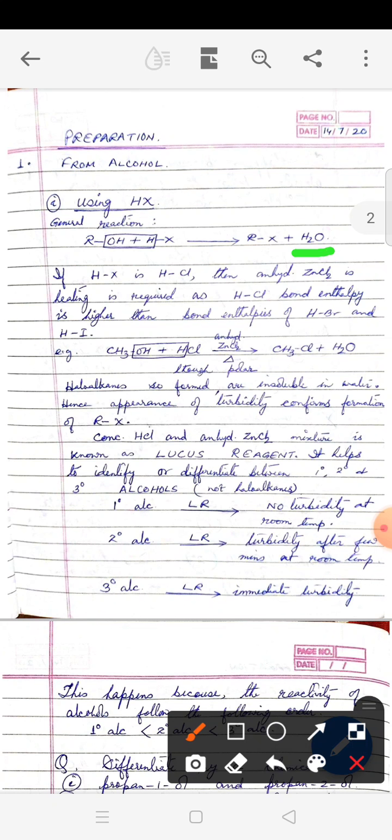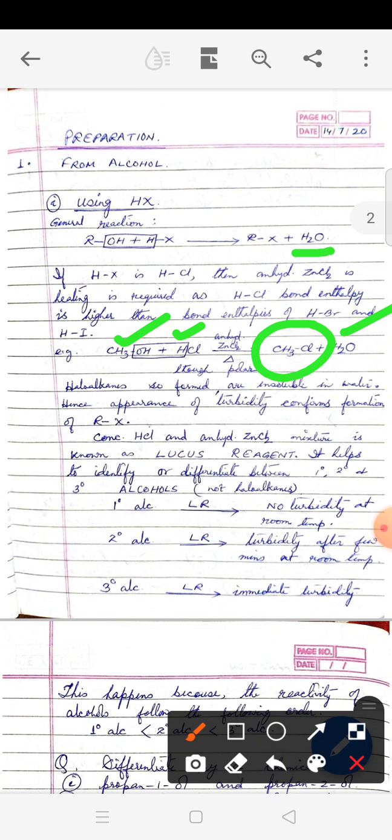And when you take HCl, it is important that you must heat it. So what happens? Haloalkanes so formed are insoluble. This haloalkane which will be formed during the course of reaction will be insoluble. All the alcohols are soluble, HCl is soluble, water is soluble, but the haloalkane which is formed, that is insoluble.